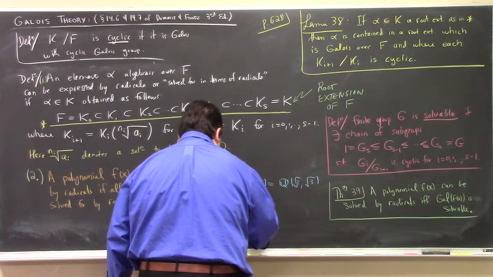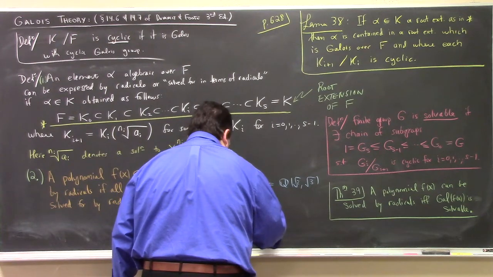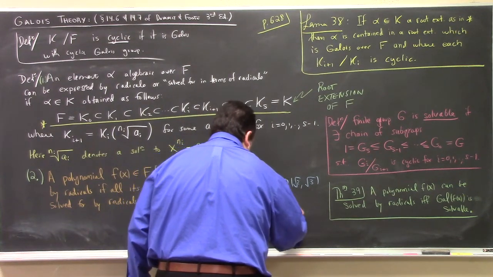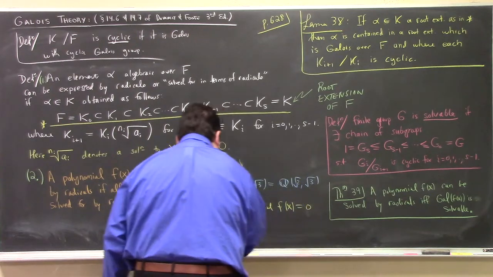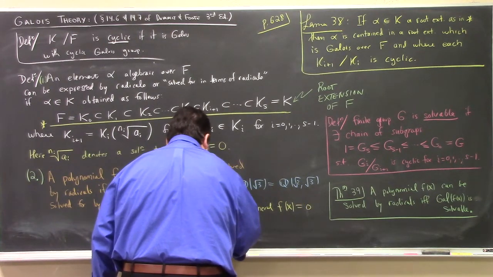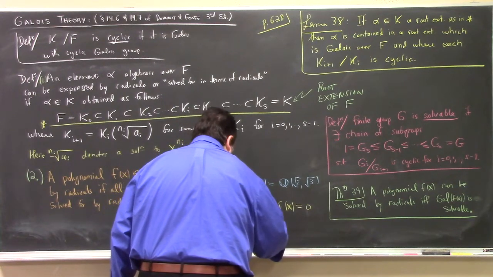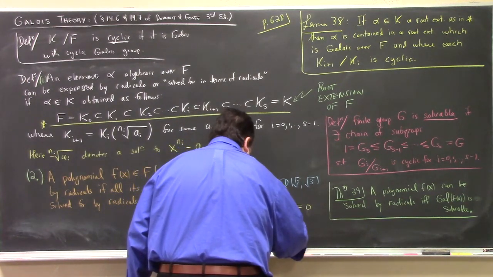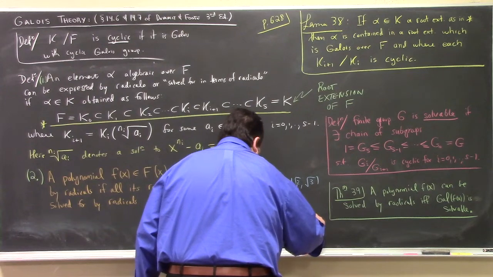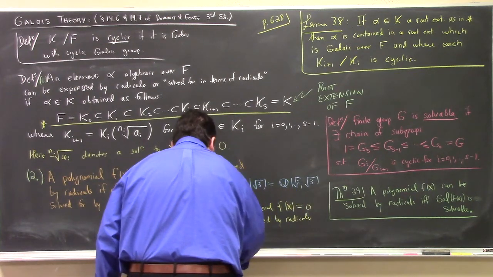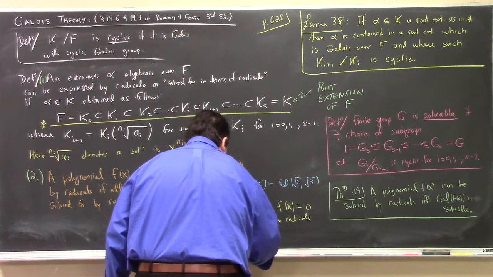The general f of x equals 0 equation cannot be solved by radicals for n greater than or equal to 5.